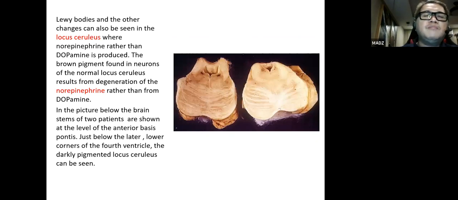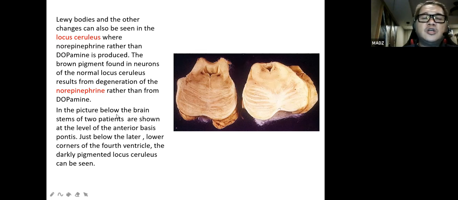So Lewy bodies and the other changes can also be seen in the locus ceruleus, where norepinephrine rather than dopamine is produced. So the brown pigments found in neurons of the normal locus ceruleus result from the degeneration of norepinephrine rather than dopamine.